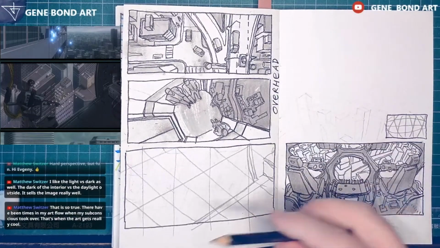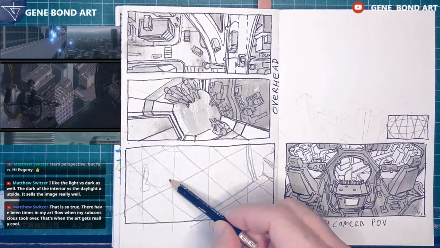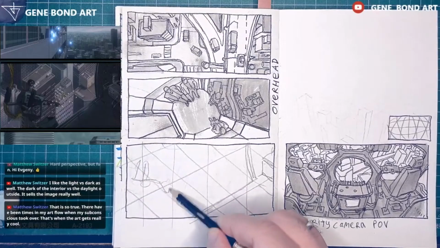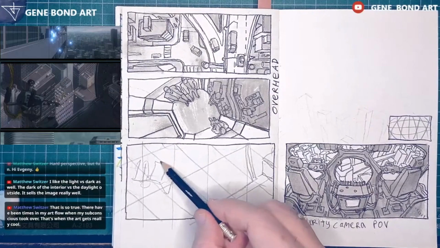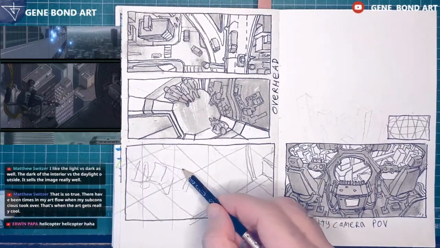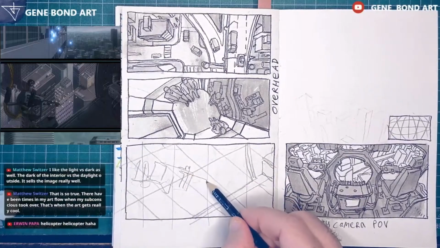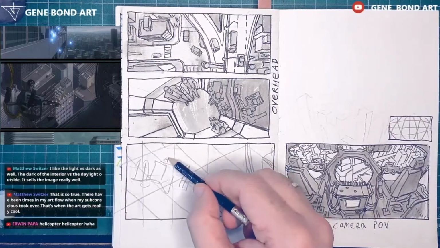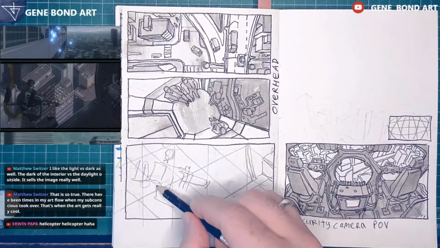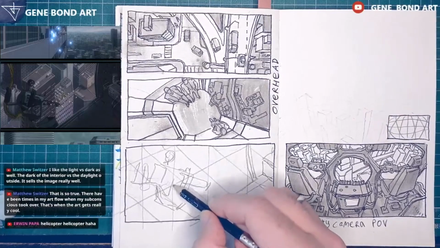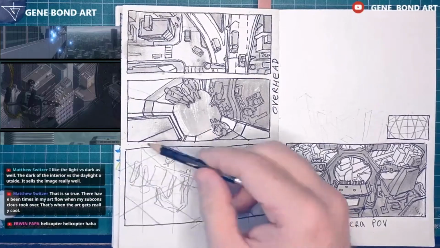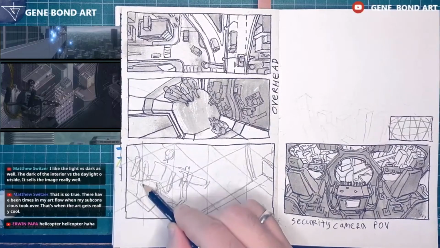Here we have machine gun. Helicopter, paracopter. Here. This.